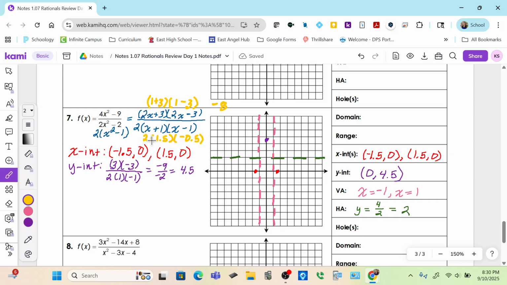My denominator, 3 times negative 0.5 would be negative 1.5. I'm going to end up with a positive value. 1.5 is going to go into 8 a little bit more than 5. So we're already at 4.5, so a little more than 5 would put us here. And because we have things that are being squared, if I put a negative 0.5 in here, I'm just going to end up with the same value on the other side.